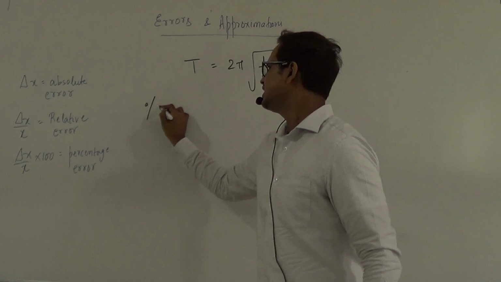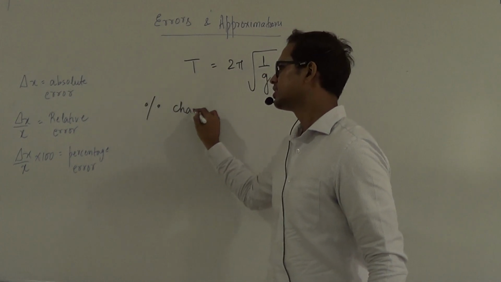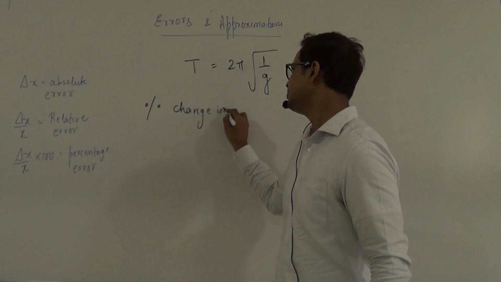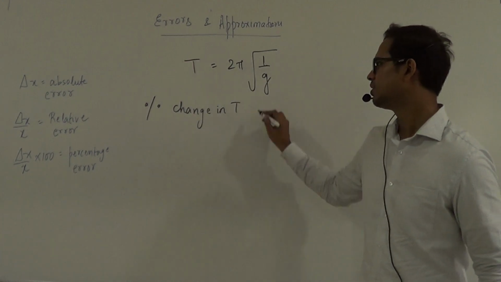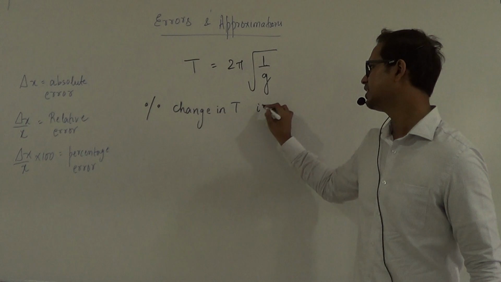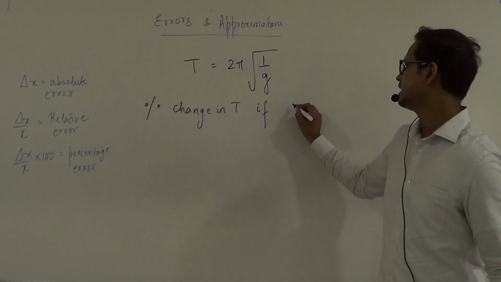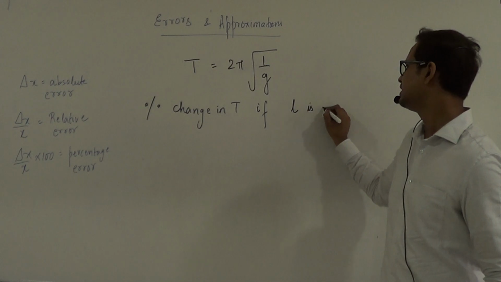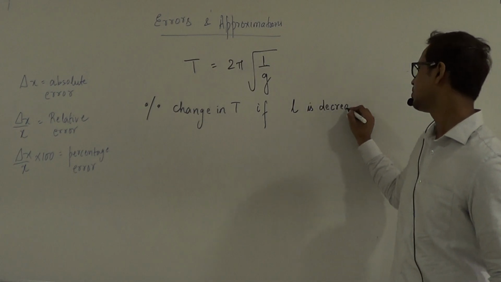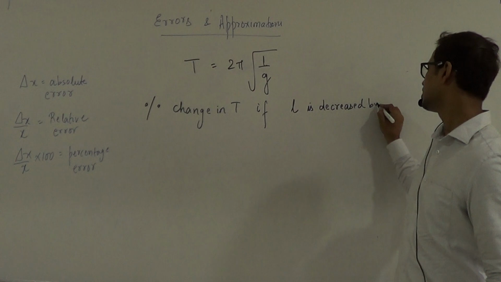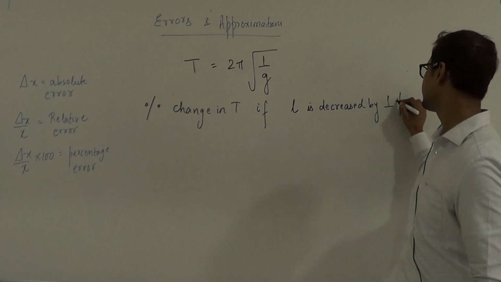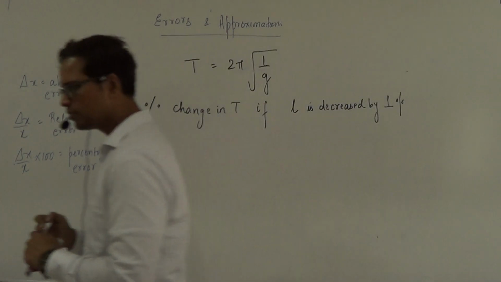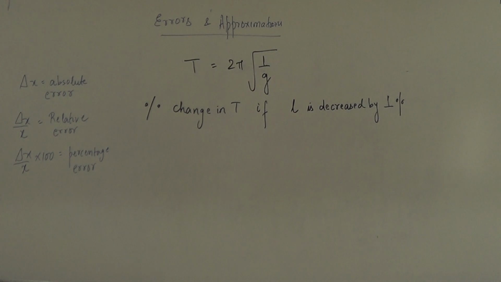Find the percentage change in time period if the length of the pendulum is decreased by 1%.